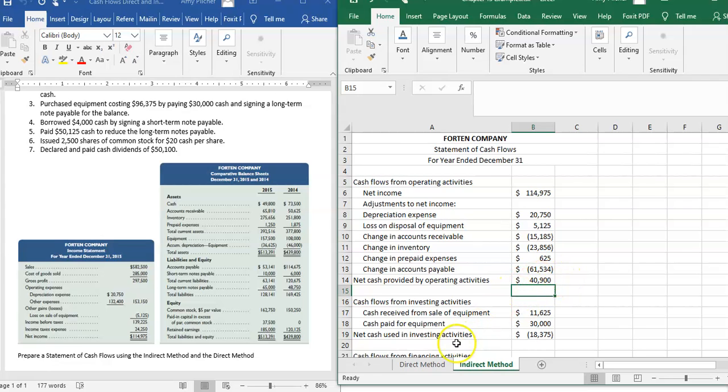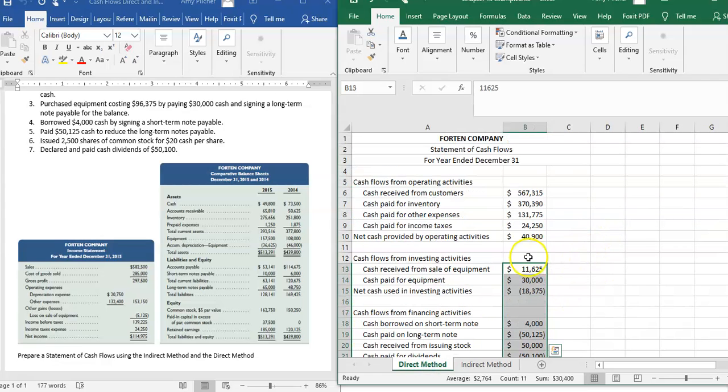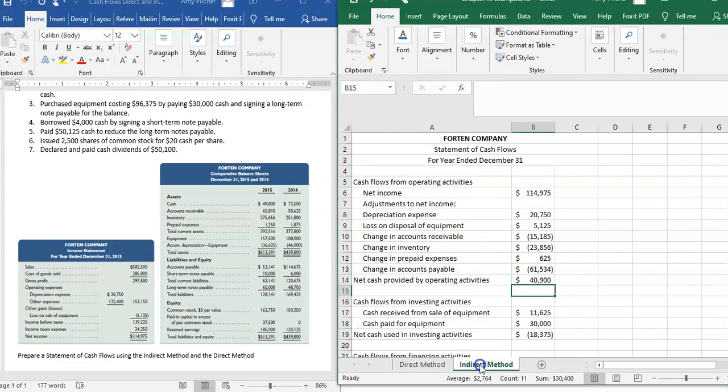So $40,900 and $40,900. That's another way that you can check yourself and see if you're doing the cash provided by operating activities section correctly. In between the direct method and the indirect method, you will get the exact same result regardless of what method you use.